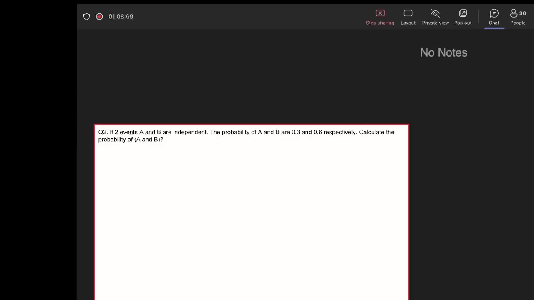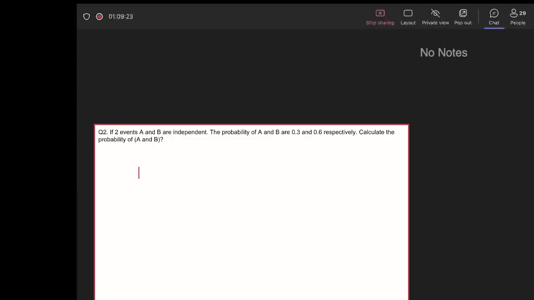So this is the question: if two events A and B are independent, the probability of A is 0.3, the probability of B is 0.6, and we have to find the probability of A and B. This question is fairly simple. You can just use the multiplication rule because they have given that the events are independent.